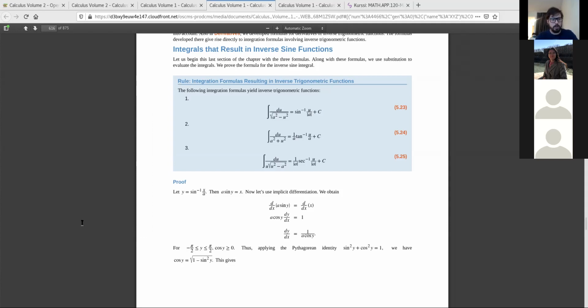Homework: show that d over dx of arcus sine of x is equal to 1 over the square root of 1 minus x squared.